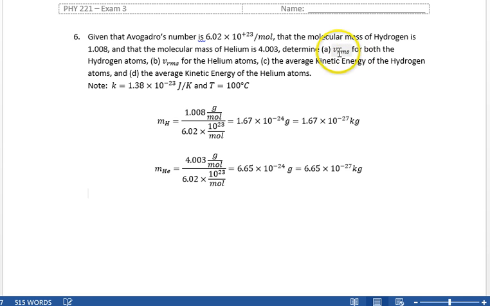we need VRMS. So what's VRMS? VRMS is the square root of 3kT over m. Now, this T has to be in Kelvin.